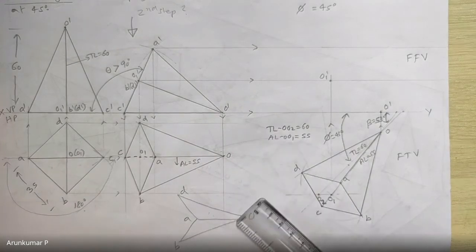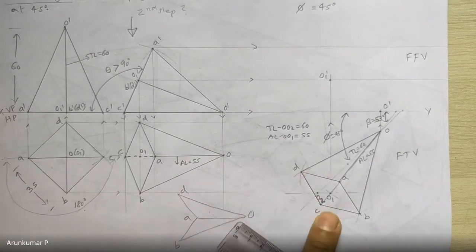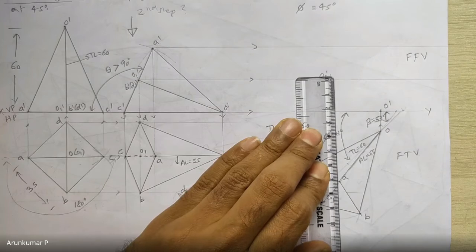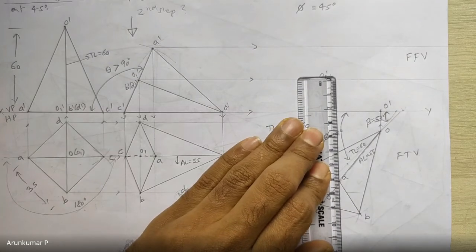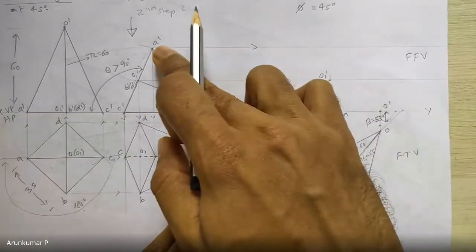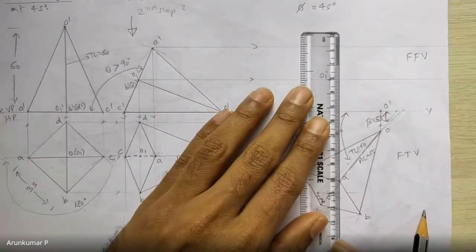Now I'm left with the four corners of the base A, B, C, D. One by one I'll project them, starting with A. A, I have to extend till the topmost because A dash is right on top.